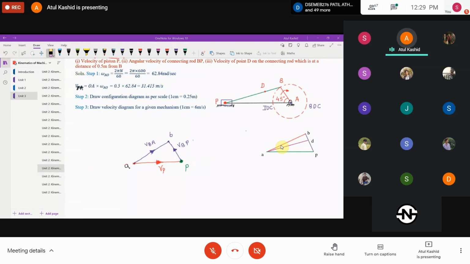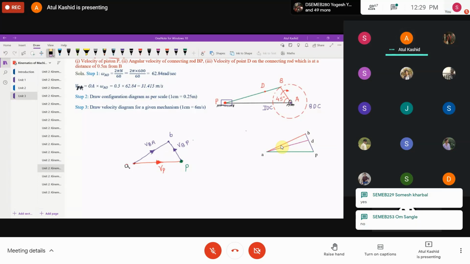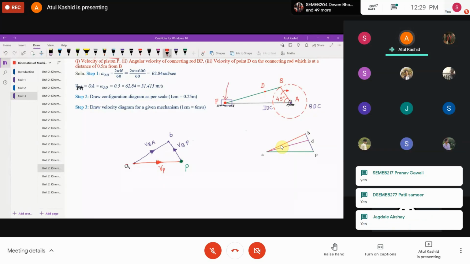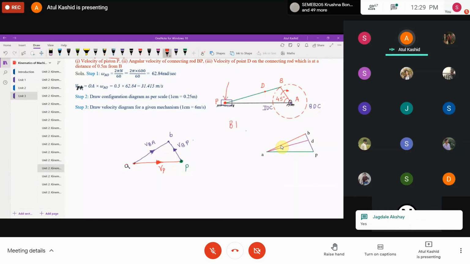Whether everybody has reached this point, please reply in the chat box. See over here, the point P which we are considering is the intersection of BP and AP.